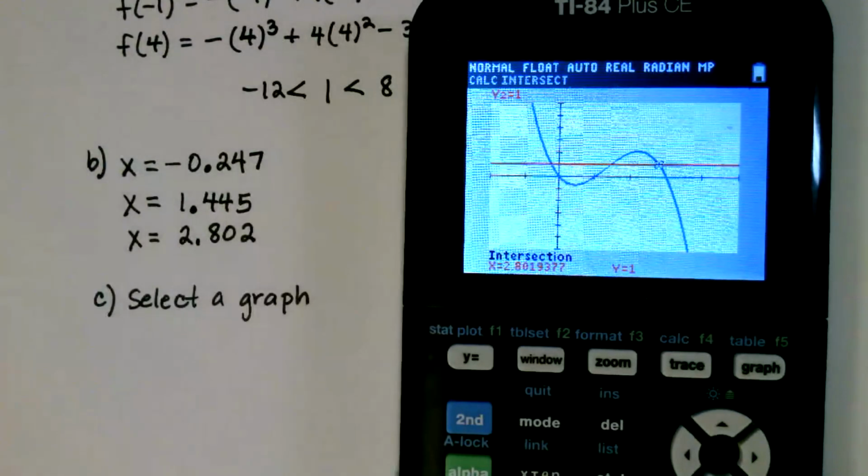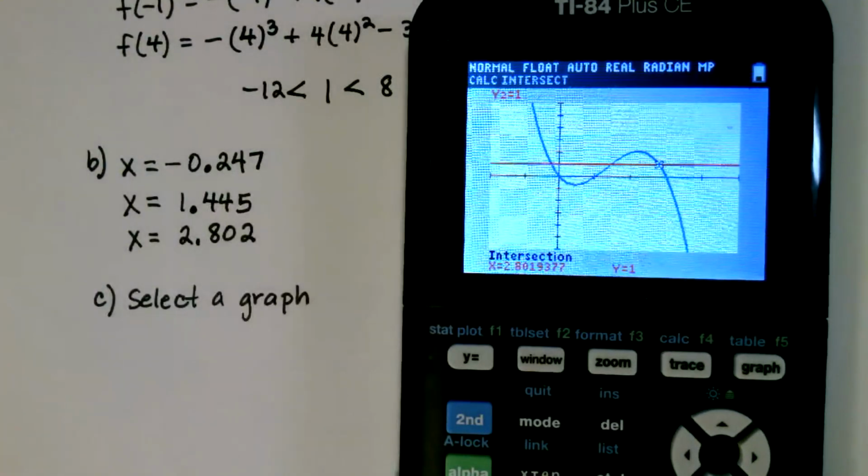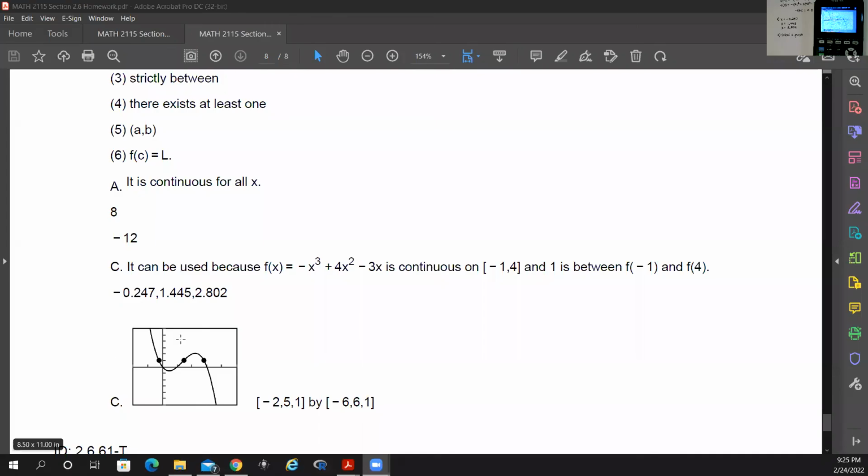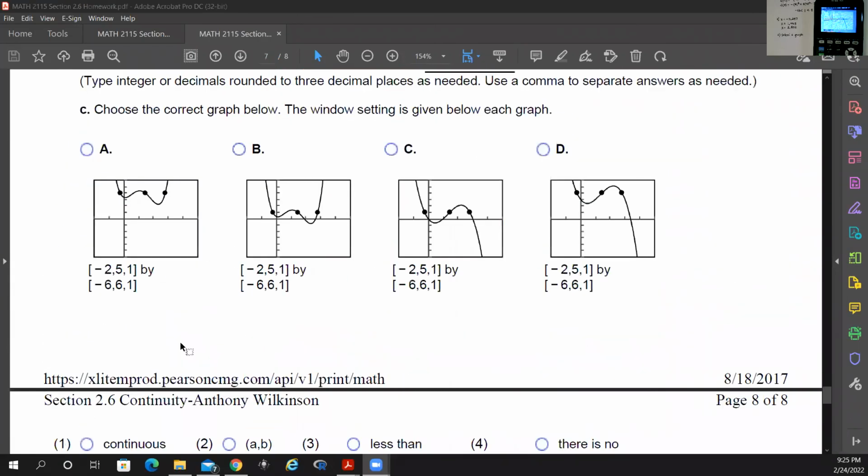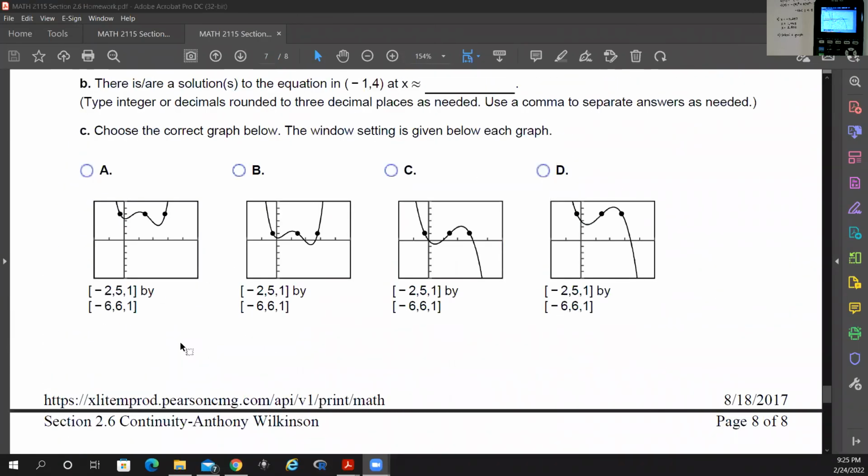So if I go back to this, here is the one that I was referring to. As you can see here, that will have to be answer choice C. Yeah, answer choice C would be this one right here.